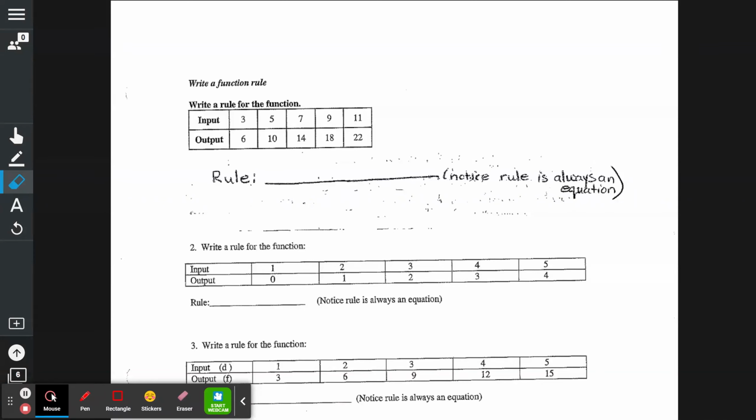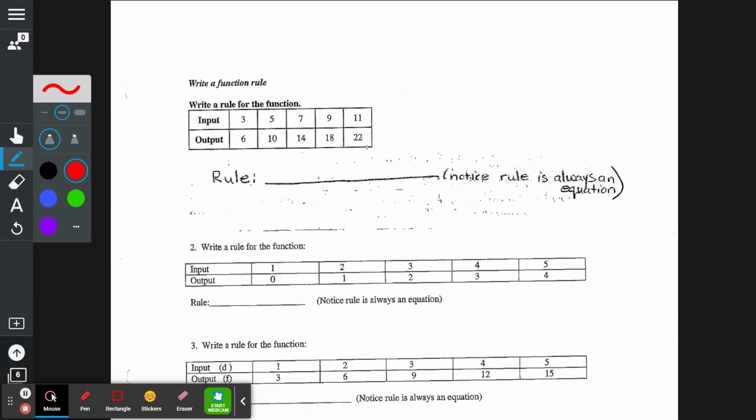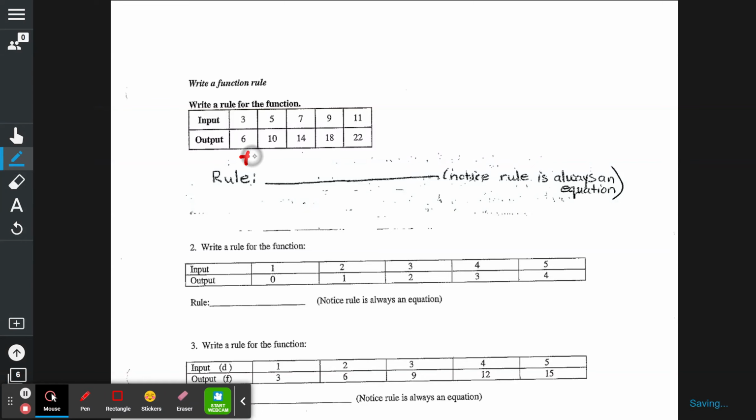Okay, so now when I look at an input-output table and I want to come up with the rule, I look at my y values first and I say, is there a pattern in my y values? So to get from 6 to 10, I add 4. To get from 10 to 14, I add 4. To get from 14 to 18, I add 4. And here I add 4. So I notice that my change in y, which is written like this, is called delta y.